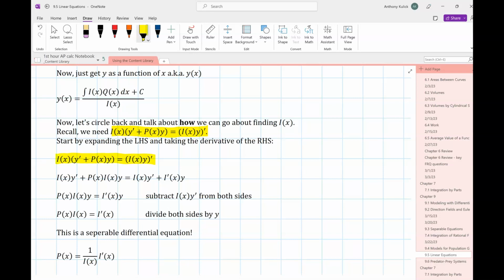That's what we need I of x to satisfy, is that the product rule derivative of I of x times y is I of x times the derivative of y plus p of x times I of x times y. Because all we're doing here is just distributing that through to get this. And this is just the product rule derivative of I of x times y.